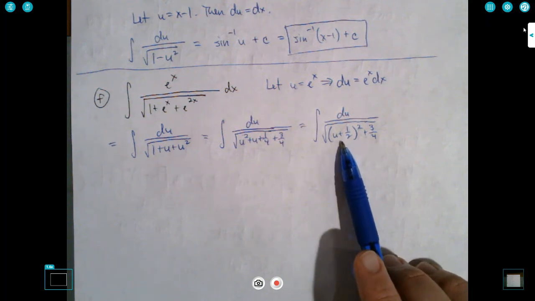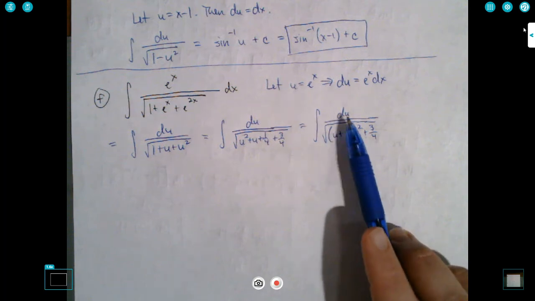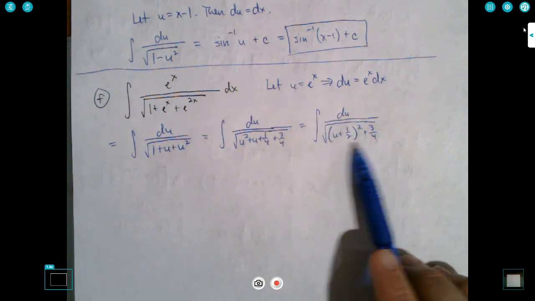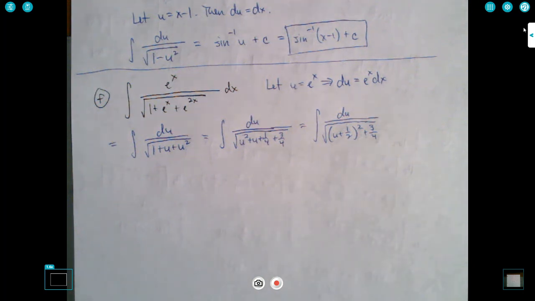So I could say, let u plus 1/2 equal tangent theta. Because then du would be secant squared theta, and I would be able to make all of the substitutions, I think, as usual.